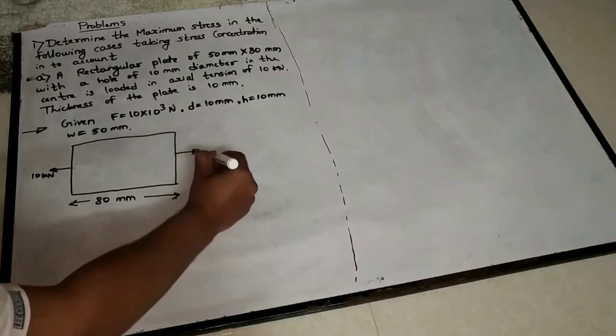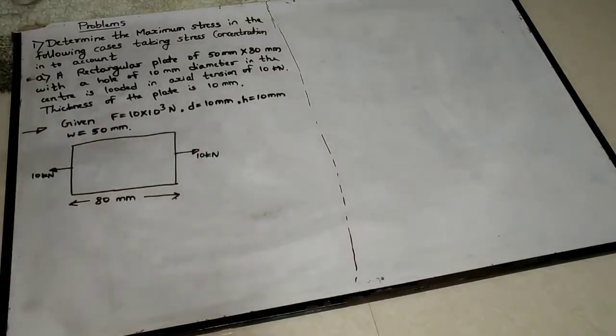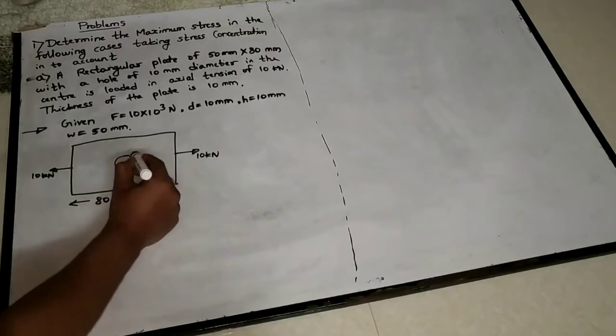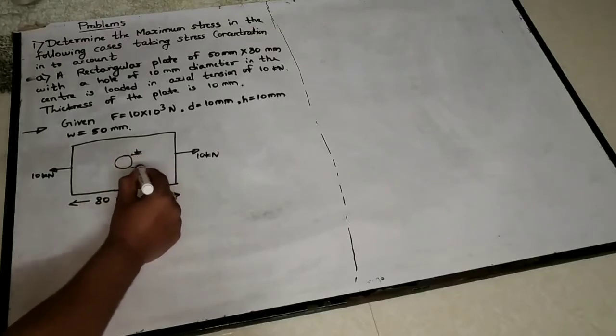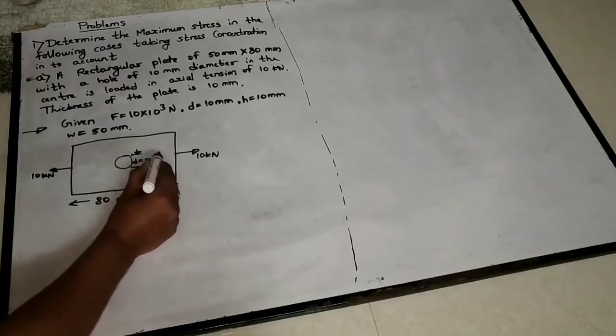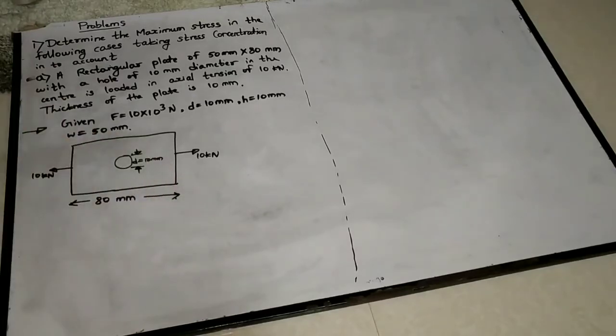10 kN tensile load, and this is a plate with a hole of 10 mm diameter. So the hole is there, and the diameter of this hole, how much? It is small d equal to 10 mm. Correct?